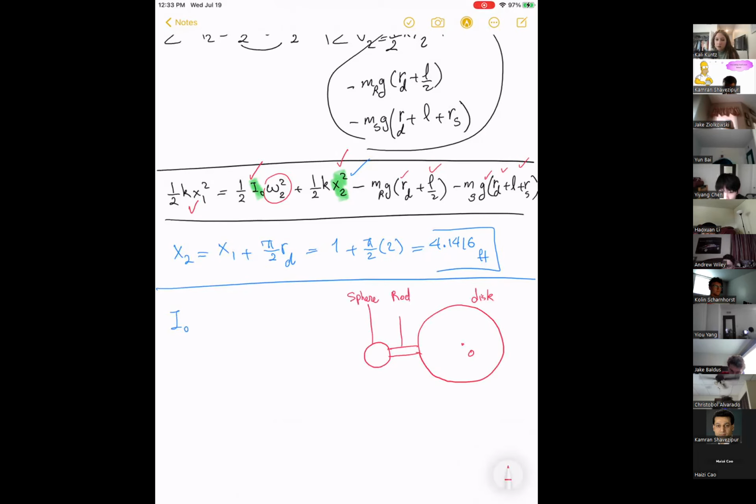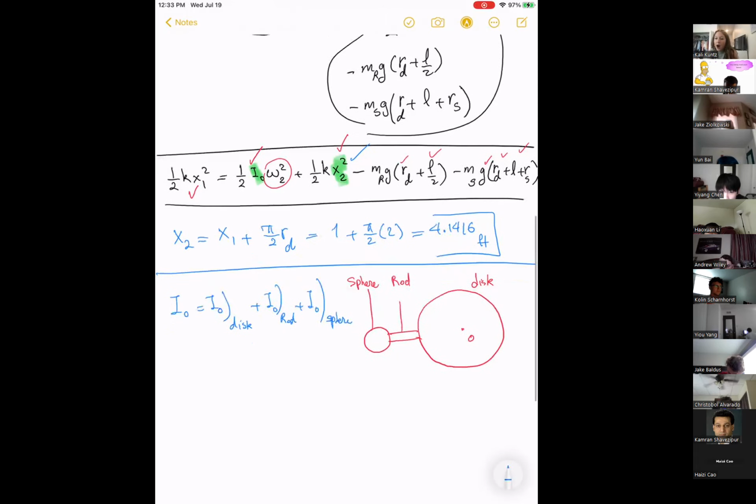So if I want to find IO, it's going to be IO for disk plus IO for rod plus IO for a sphere. Right?